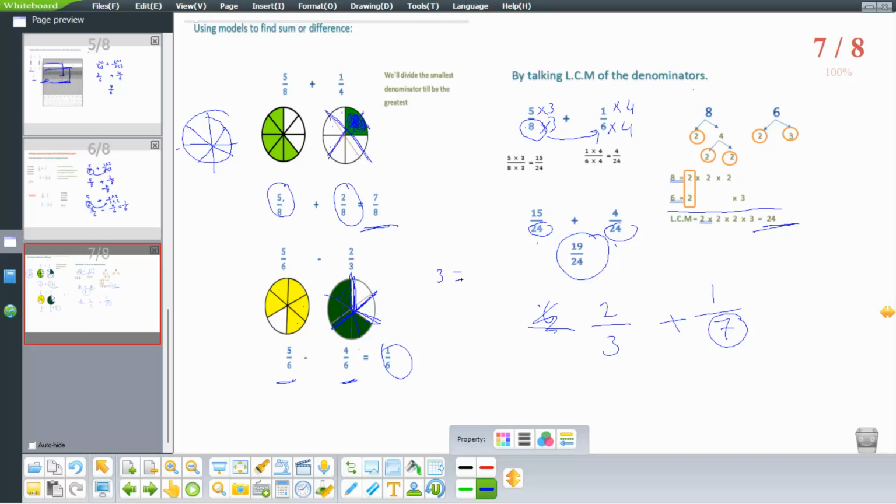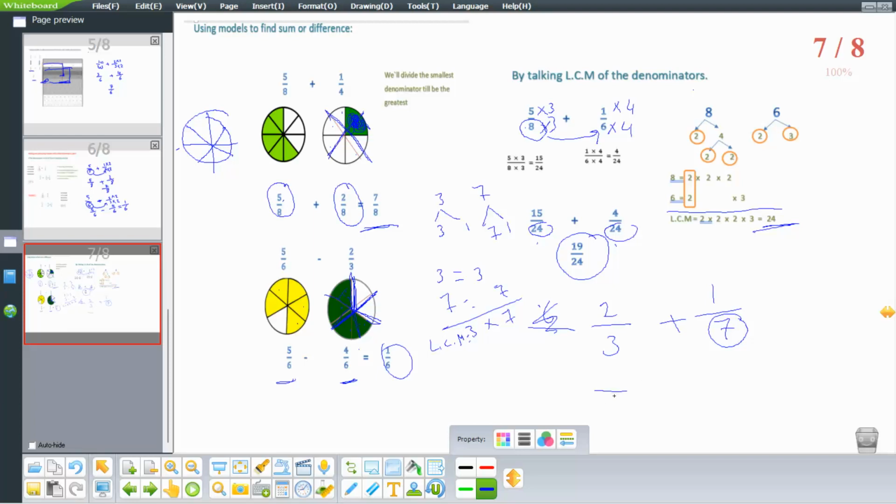3 equals 3, because these are prime numbers, so it will be 3. If I factorize, it will be 3 times 1. 7, if I factorize, it will be 7 times 1. So 3 equals 3 and 7 equals 7. So it will be 3 times 7, so the LCM is 3 times 7 equals 21.